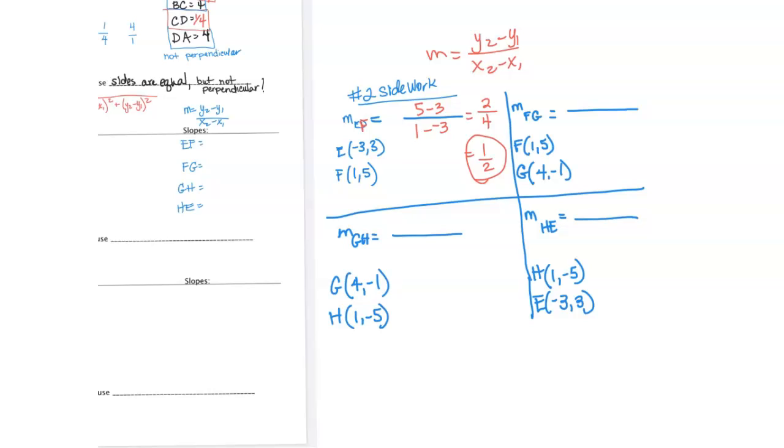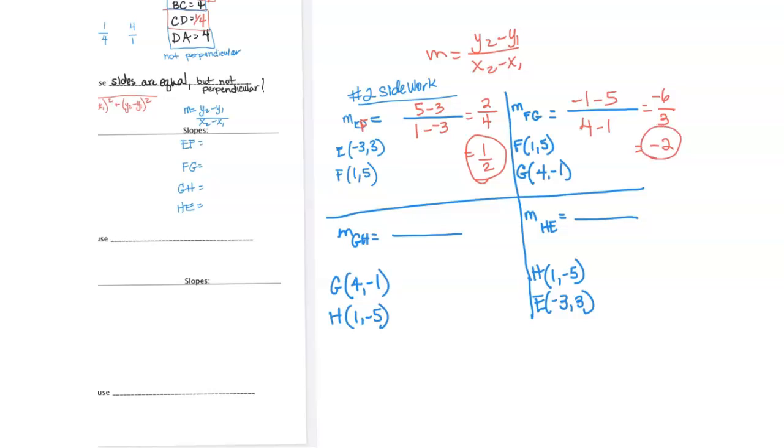For FG, we'll have negative 1 minus 5 over 4 minus 1. Negative 1 minus 5 gives us a negative 6. Over 4 minus 1 is 3. Negative 6 divided by 3 gives us a negative 2. That's our slope for FG.